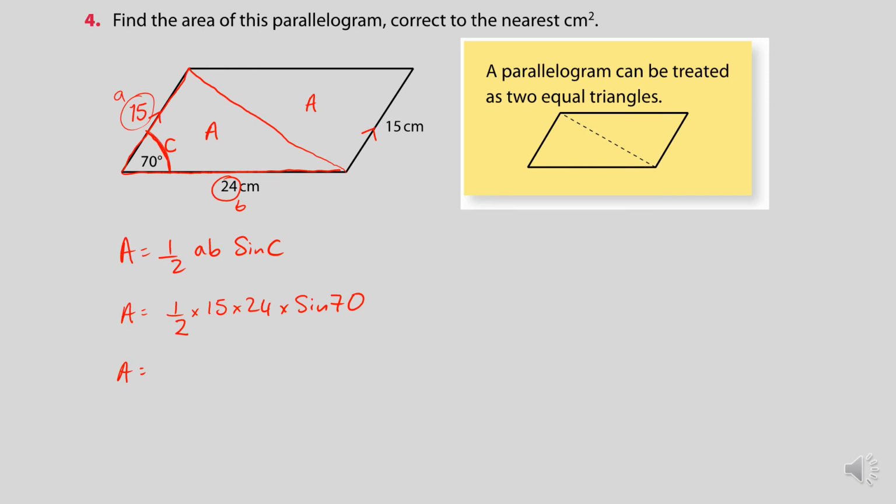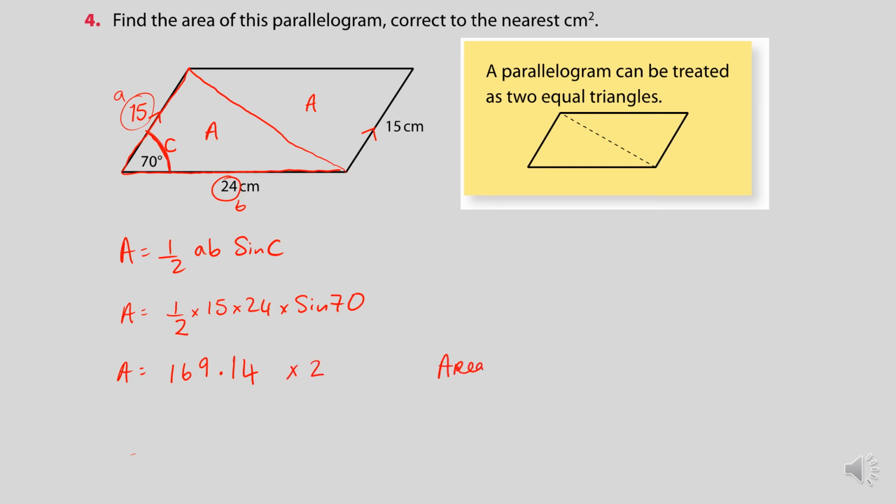And we'll calculate that. Okay, and I got 169.14.